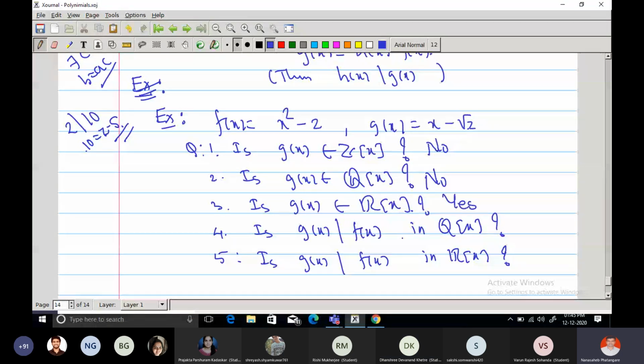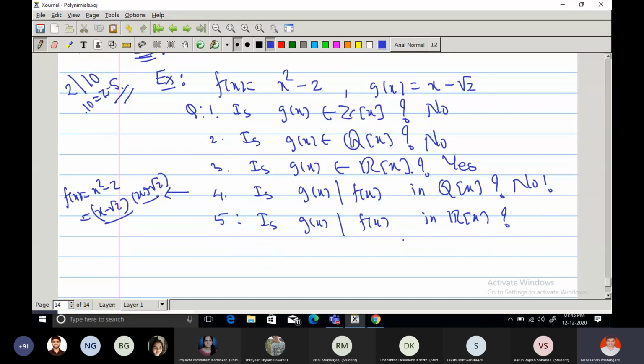Does g(x) divide f(x) in Q[x]? No. If I write f(x) equal to x square minus 2, it is x minus root 2 times x plus root 2. The factors are not rational, so they are not in Q[x], so the answer is no. Does g(x) divide f(x) in R[x]? Yes, because f(x) is g(x) into h(x), where h(x) is x plus root 2, and both factors are in R[x].